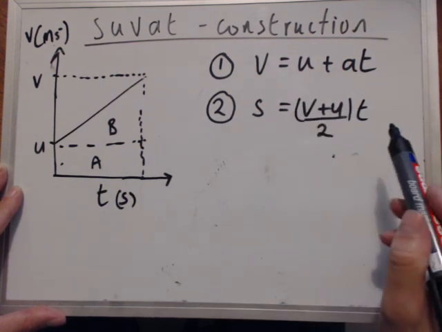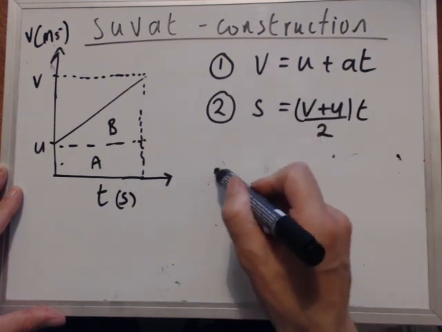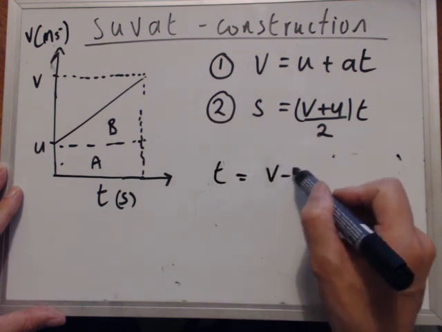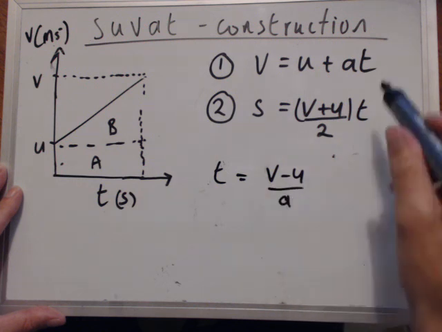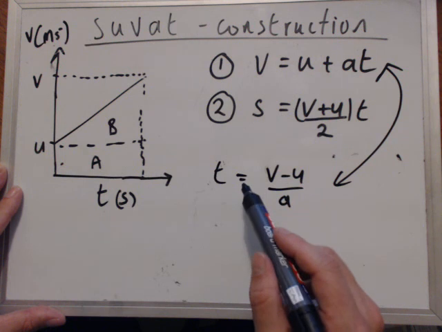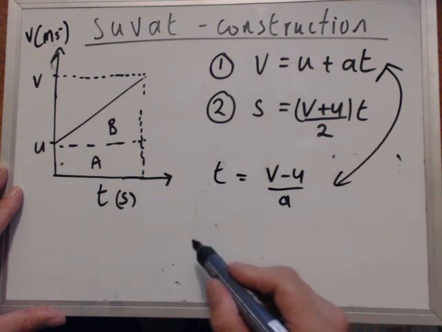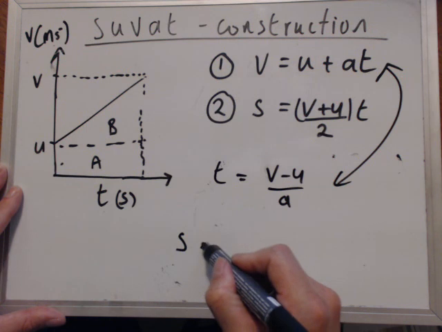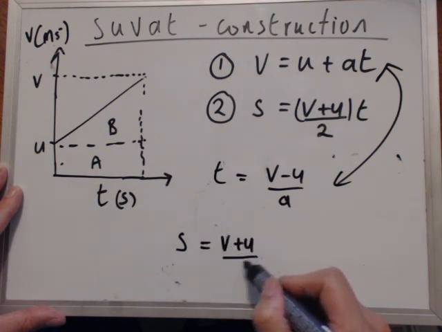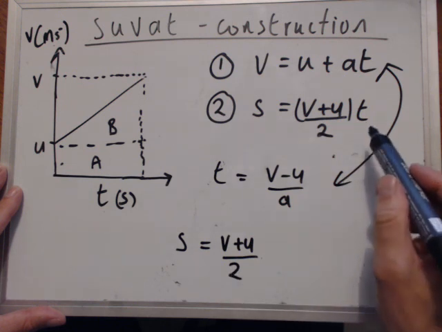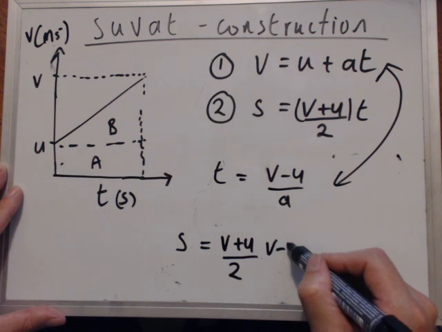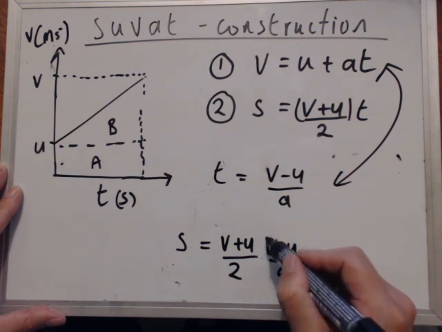Now from equation 1 we get time is equal to v minus u over a. So I'm now going to substitute that value for time into there to give me s is equal to v plus u over 2 multiplied by v minus u over a.